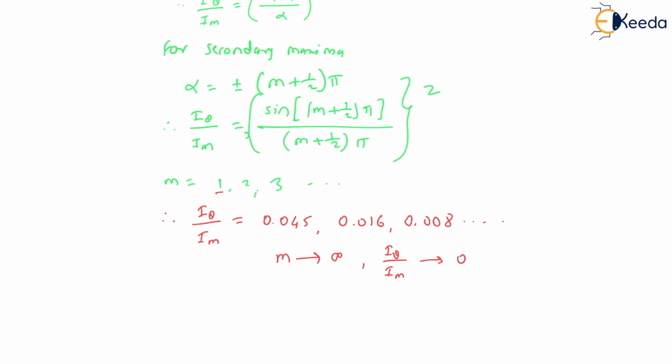So there is a reduction in intensity. That's why we say that the intensity for central maxima is different, and on both sides the intensity goes on decreasing. This is the main difference between diffraction and interference.